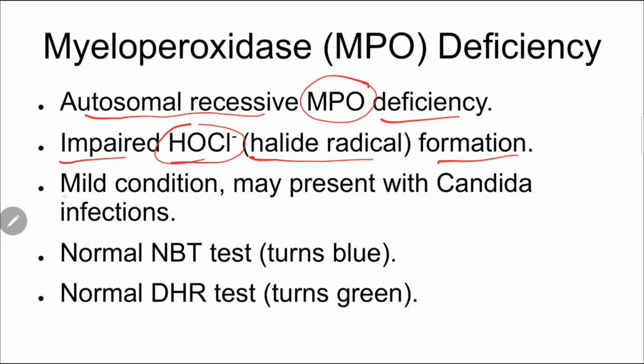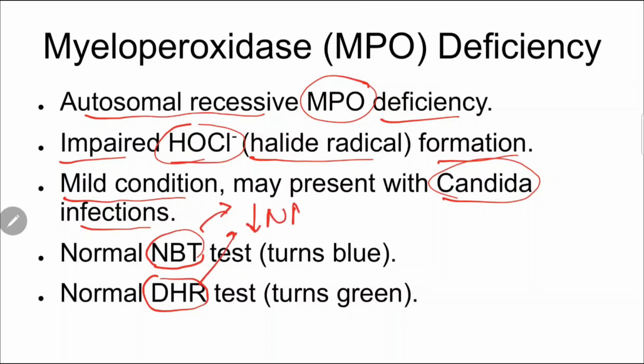Now this is a relatively milder condition and it is mostly asymptomatic, but the patient may present with recurrent candidal infection. Since it's an MPO deficiency, your nitroblue tetrazolium test and your dihydrorhodamine test are both normal, right? Because these both tests are done to check for decreased NADPH oxidase.